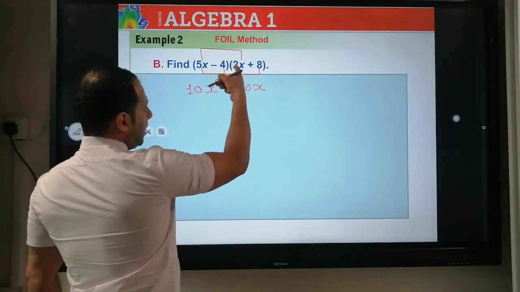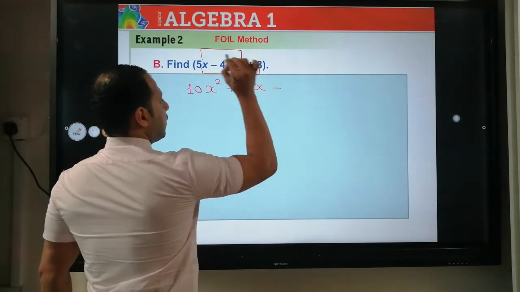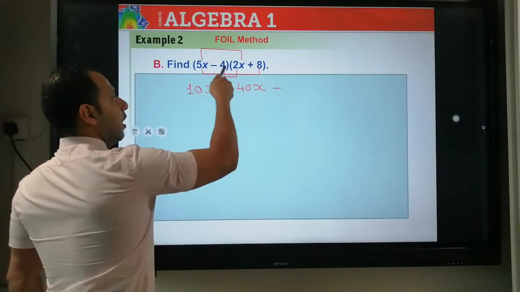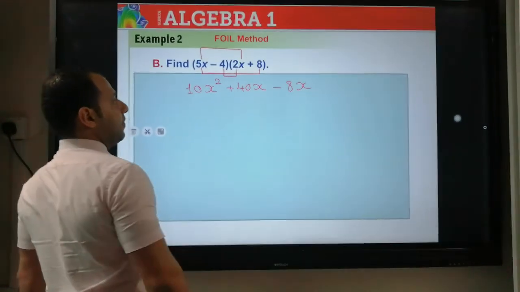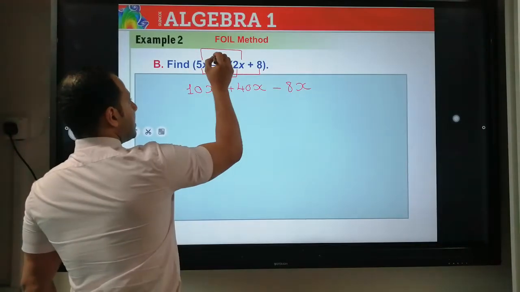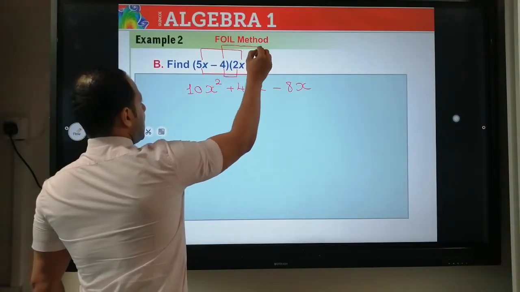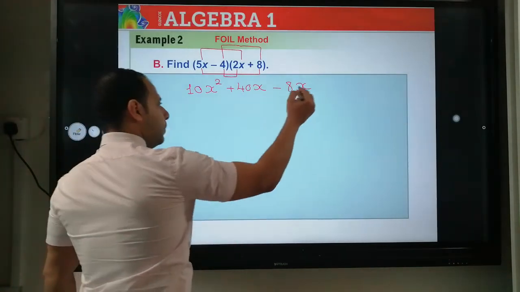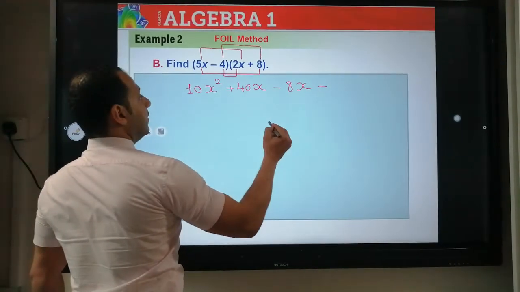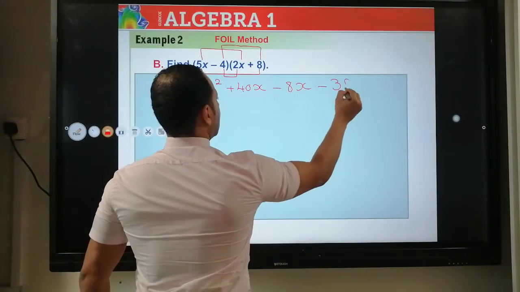One of them is negative and the other is positive, so the result is negative from the beginning, negative 8x. And then L, it means the last term here and the last term here. The product will be negative 32.